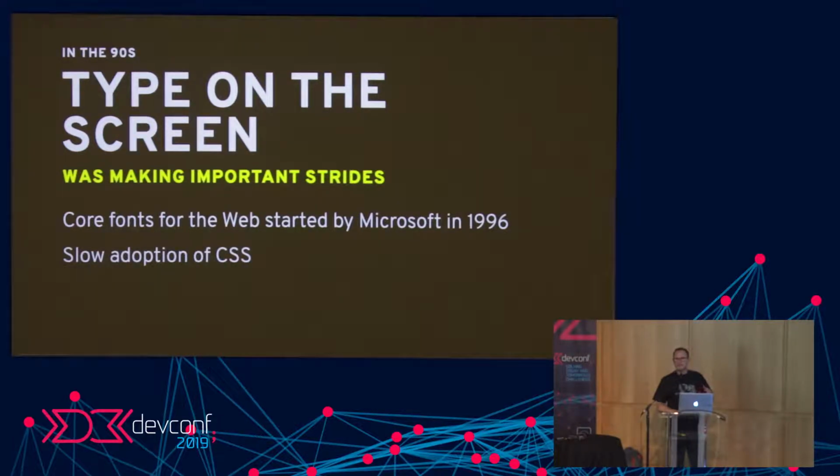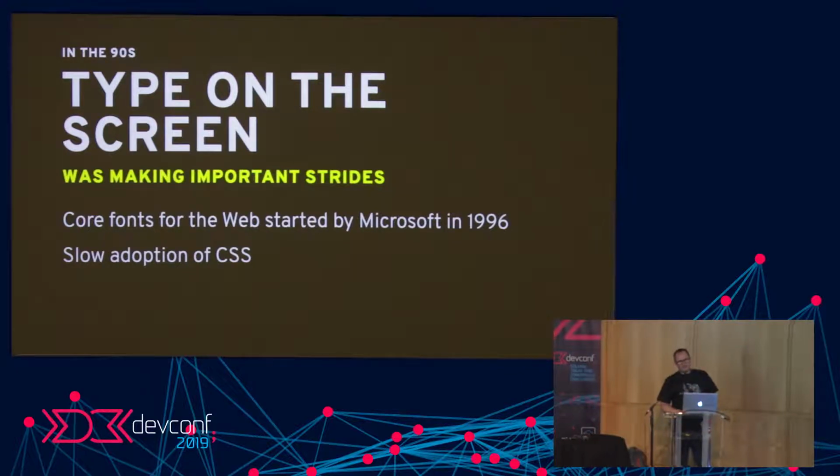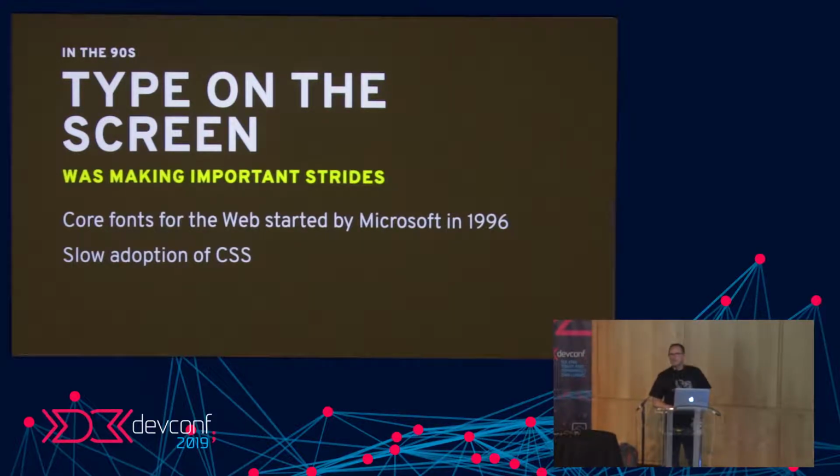At the same time, we had a really slow adoption of CSS. CSS was first proposed in 1994. And a standard was adopted in 1998, which was CSS1, and that had basic typography features in it, so you could change the colors of your fonts and so on. But there wasn't much support for it until around 2000.